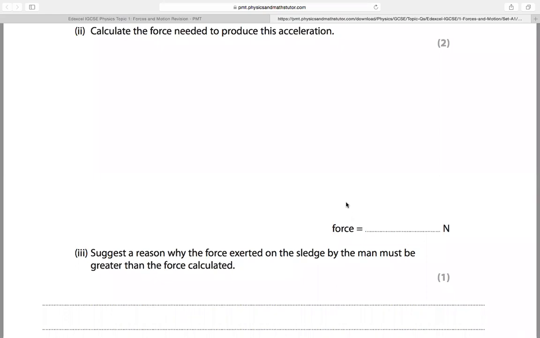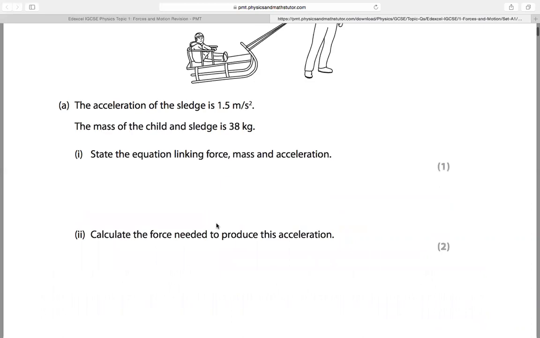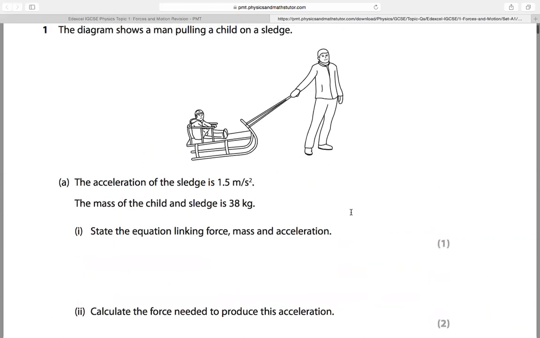Because when we calculate, it's an ideal situation, mass and acceleration, that's it. It doesn't take into account friction and all that, because I'm just taking two values and multiplying them. But in real life, there's air resistance, drag, and friction between the sledge and the floor.